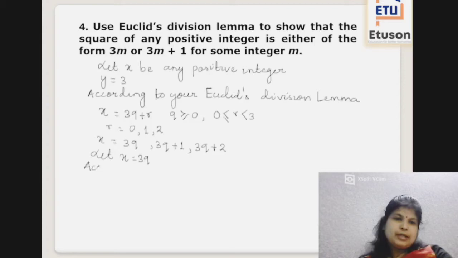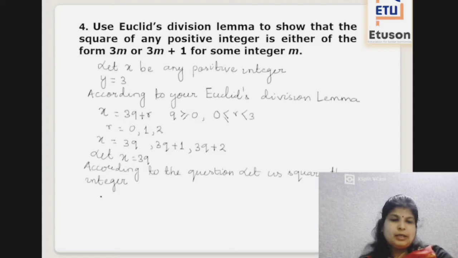So let us square the integer on both sides. What will you get? You will get x square is equal to 3q whole square.